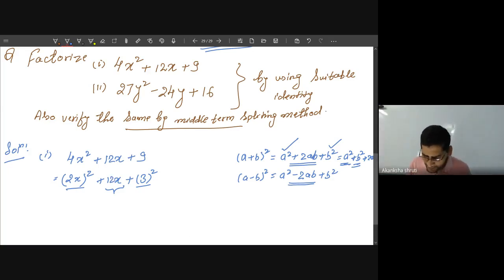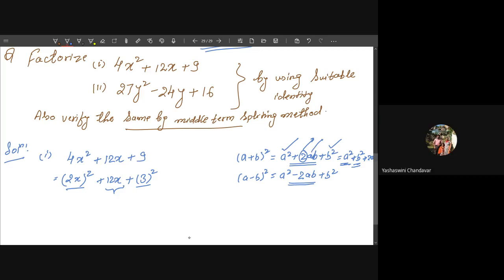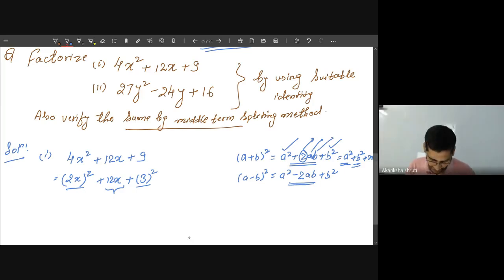Students, now this 12x has to be split as the product of this 2x and 3 with 2 for the formula. This 2 is for the formula 2ab, this is the first term, and this is the other square. So this can be written as (2x) square plus 2 times 2x times 3 plus 3 square.